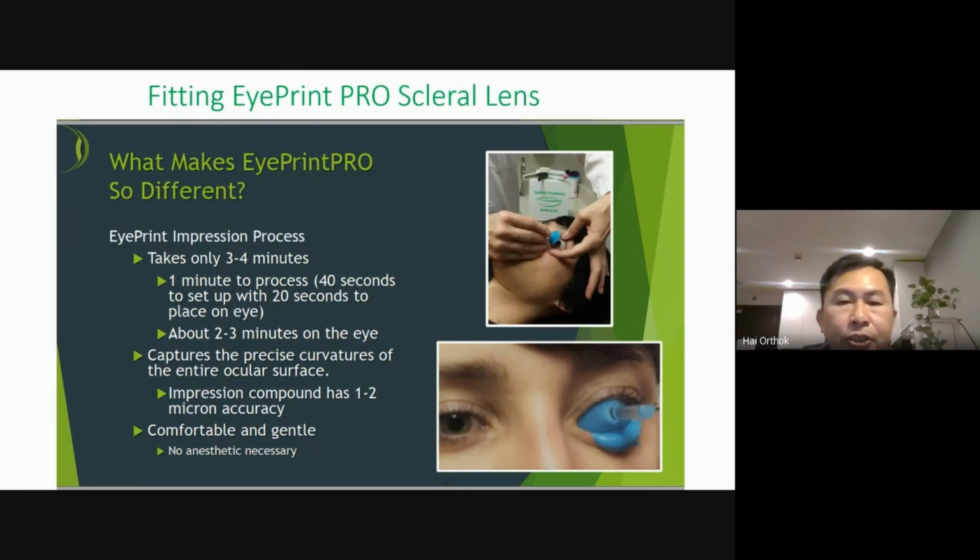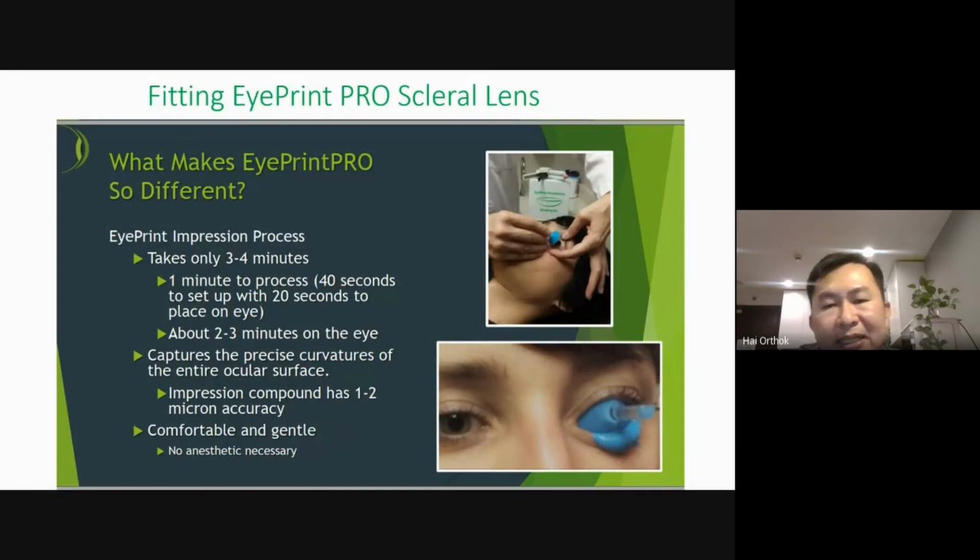We should have a scleral lens that very lightly touches the cornea 360, and it is very effective for most corneas.